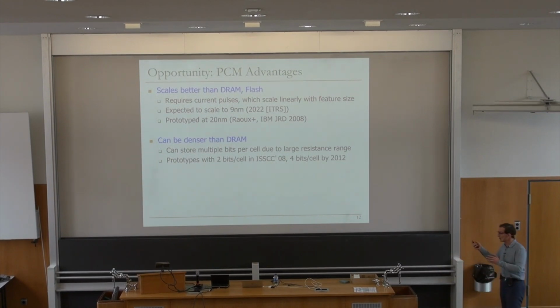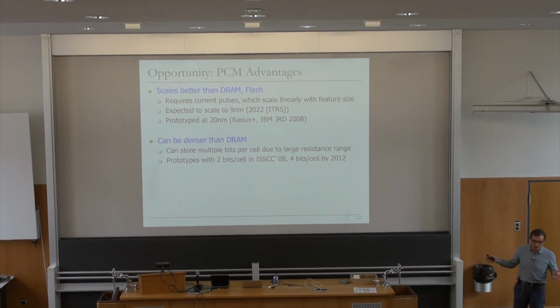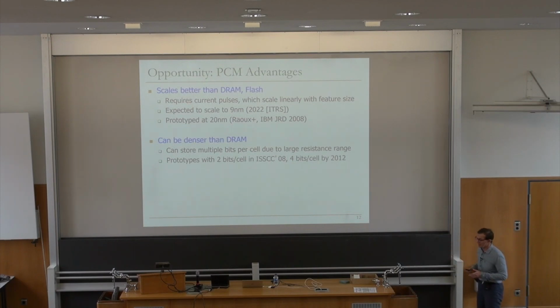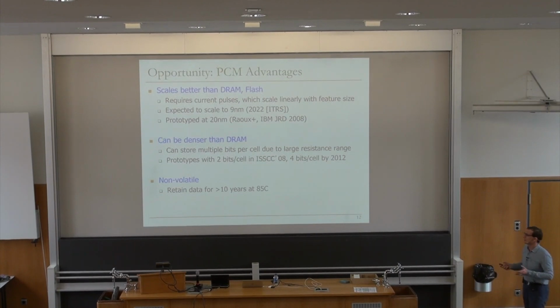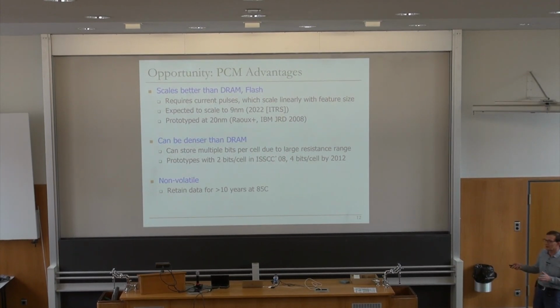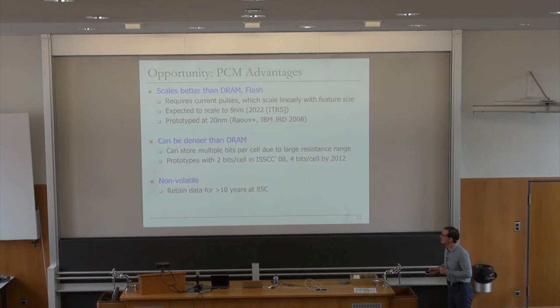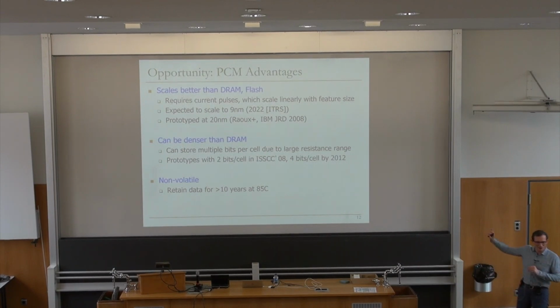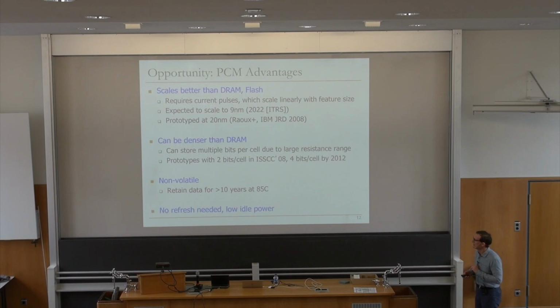And this slide is old, so there are already prototypes with 4 bits per cell, by chopping up the resistance range. So it's good. It's non-volatile. You can retain data for a long time, as you can see, at 85 degrees Celsius. Here you should be thinking about the worst case. All of the worst case, common case techniques that we discussed could be applicable to all of these technologies also. And there's no refresh that's needed because of non-volatility.